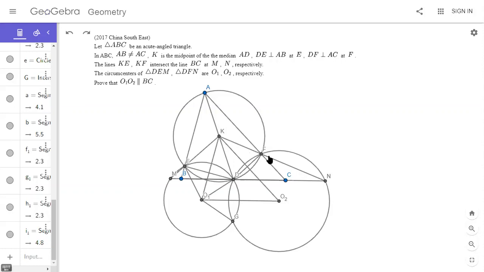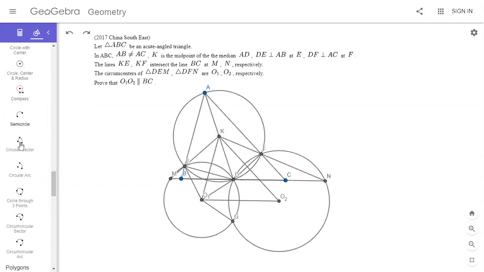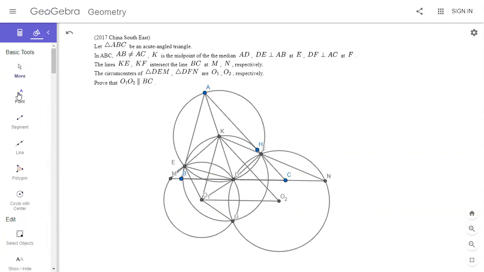So yeah, we can show that that's cyclic, EKFG, and then how do we go from there? Is there a way to show? So I think, is AB and AC tangent to it? I think it might be.